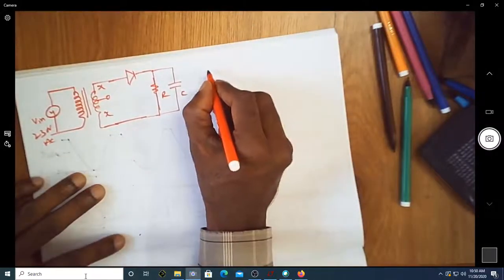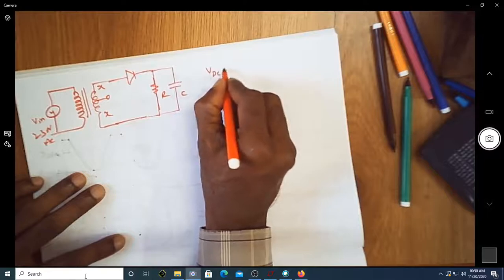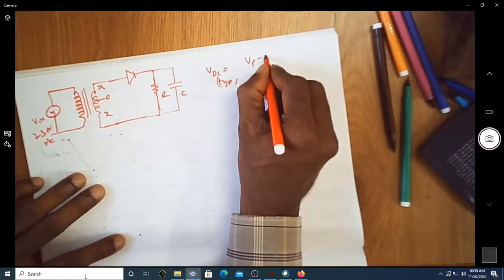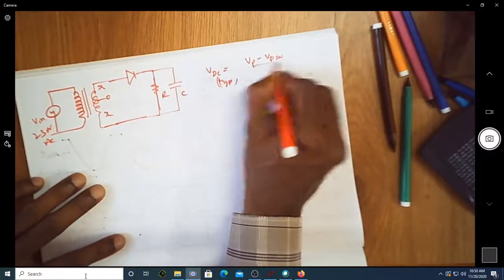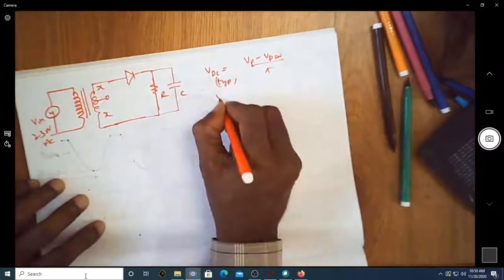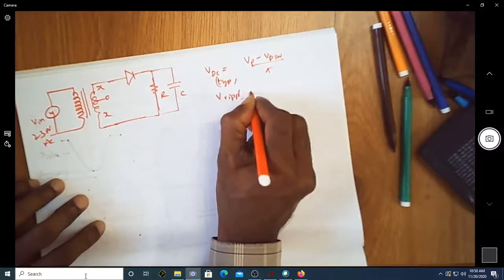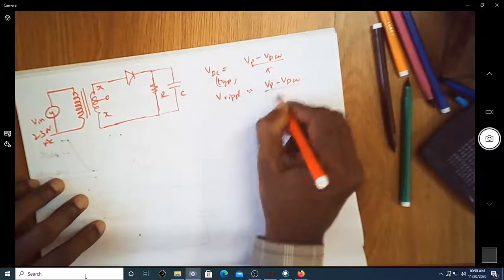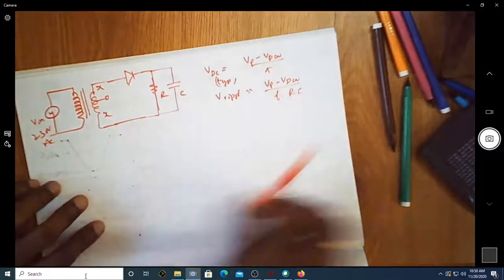You can write the expression for VDC. Typical value is Vp minus Vd on by pi. V ripple is approximately equal to Vp minus Vd on by FRC.